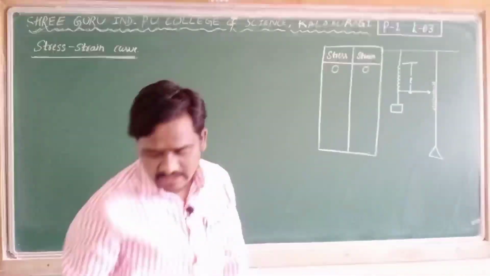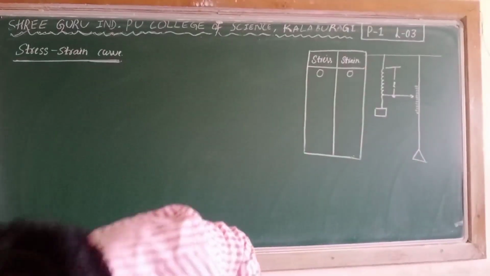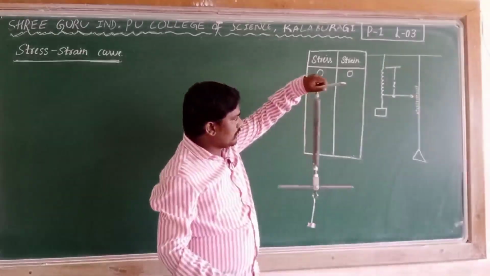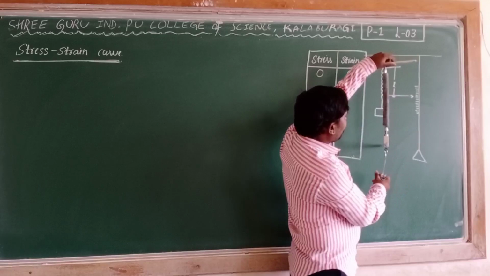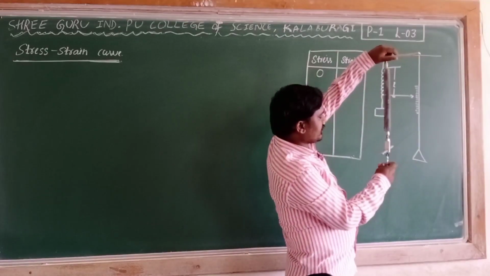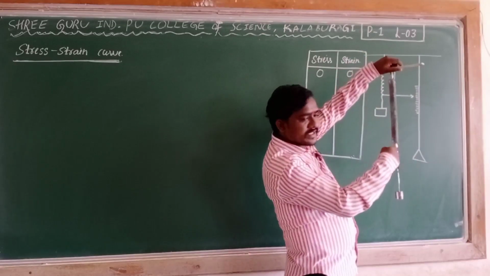Let us consider the spring. Listen here, this is the mass holder. We apply a continuous mass on this. Definitely the length of the spring is going to increase.